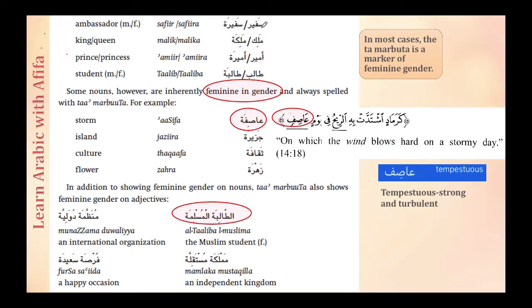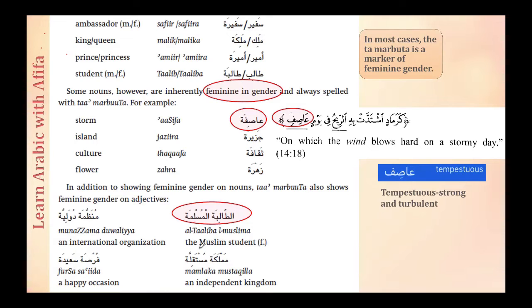And these we talked about, where you add a ta marbuta at the end. There's a masculine version and a feminine version. We have not studied adjectives yet. In the future, when we see adjectives, we will learn how you can just add a ta marbuta. So if you're saying at-taliba, here notice at-talibatu, it is referring to a female student.